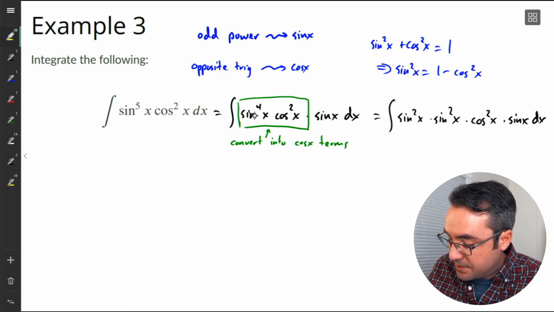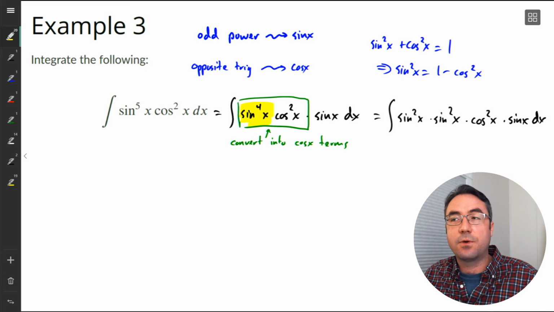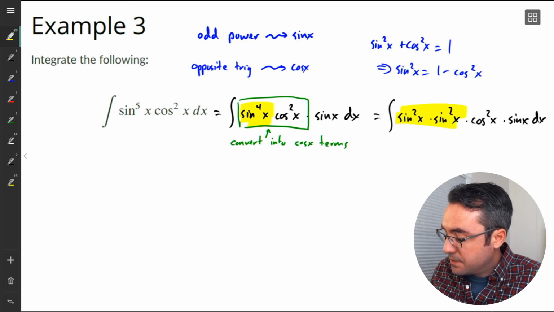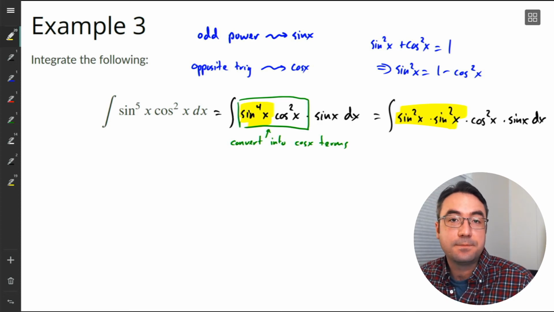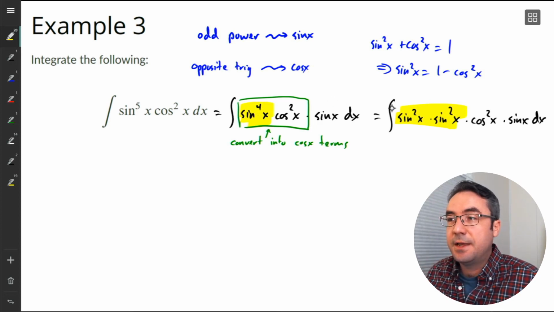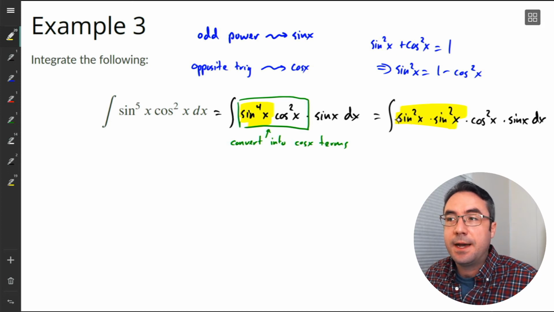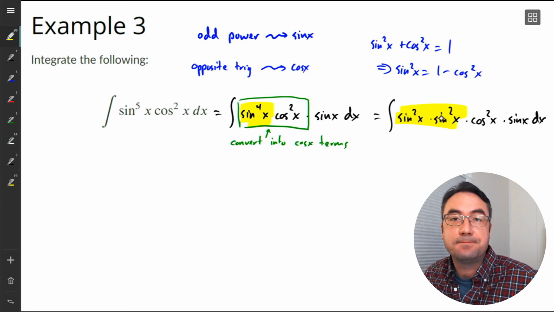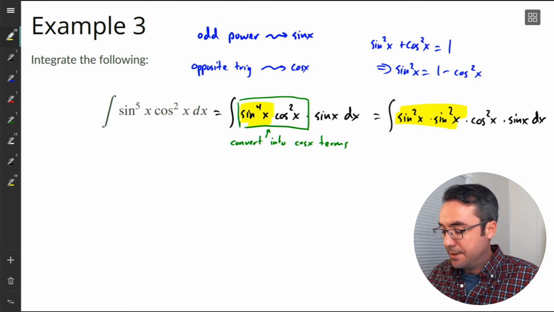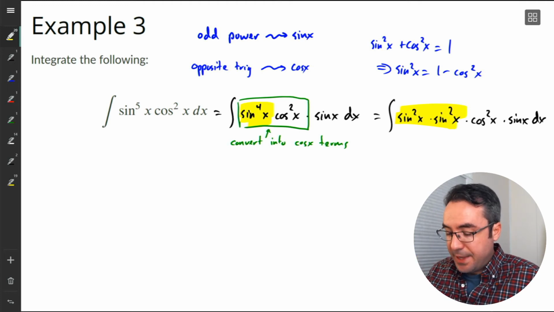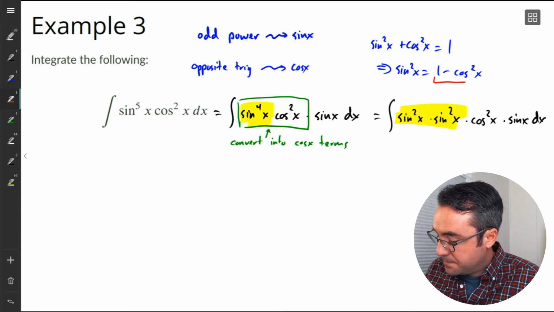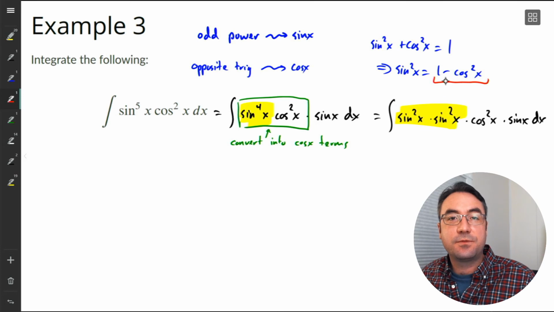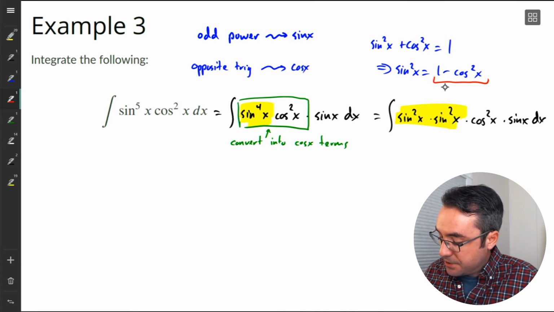So this sine of x raised to the power 4, we break into as many sine squared terms as there are. There are 4 copies of sine, so we break them into a sine squared and a sine squared. Once we do that, we can take the result from our trig identity and plug it in as many times as we need to.